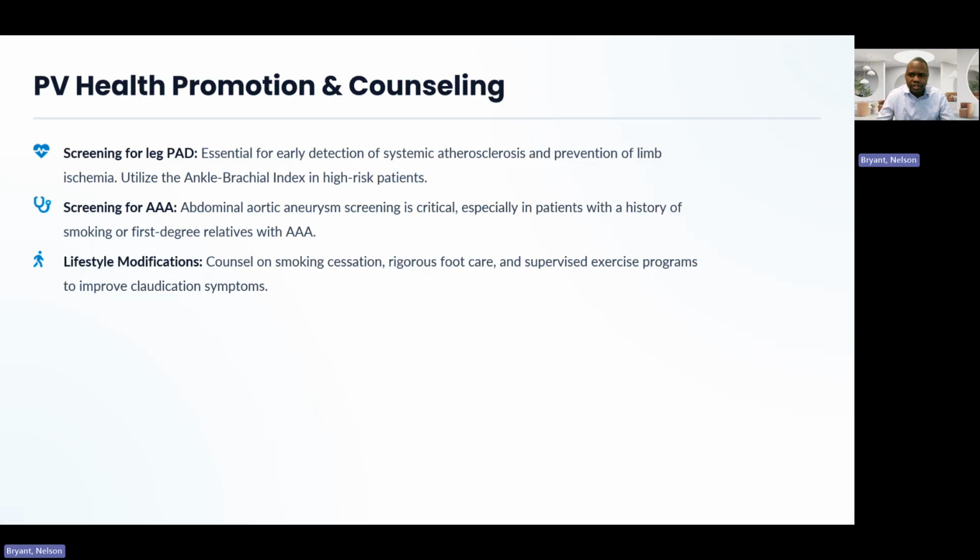So we can focus on smoking cessation, which is also the leading cause of peripheral artery disease and AAA, abdominal aortic aneurysms, in older adults. So these are very, very important. Also, we can educate the patients on proper foot care, something they ignore, and then the benefits of walking programs to improve circulation.